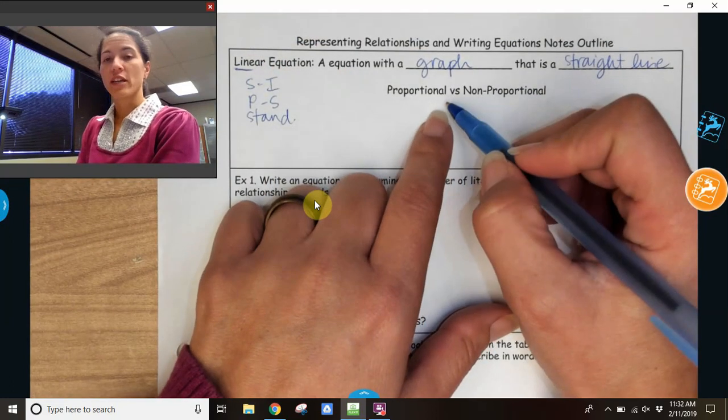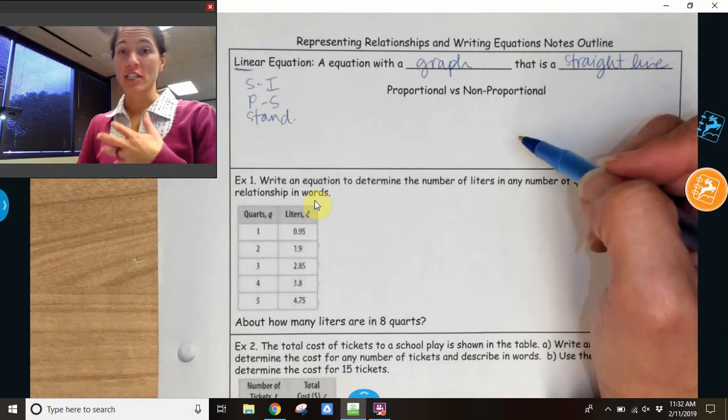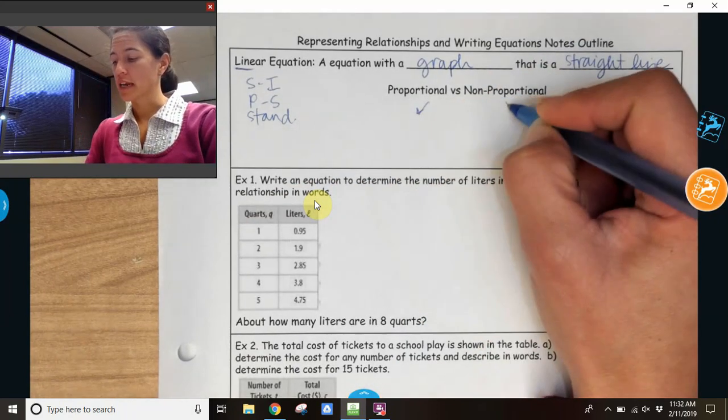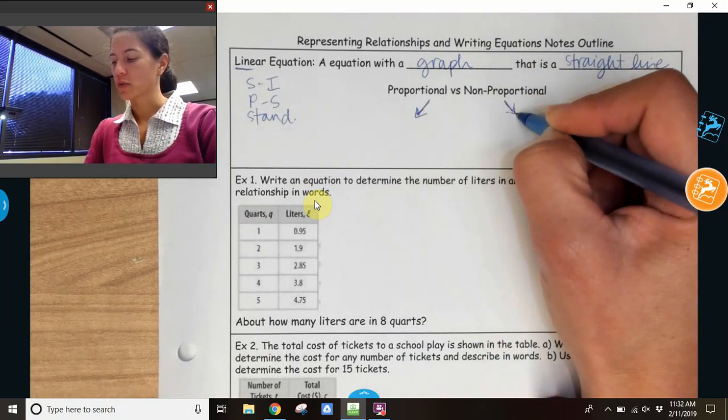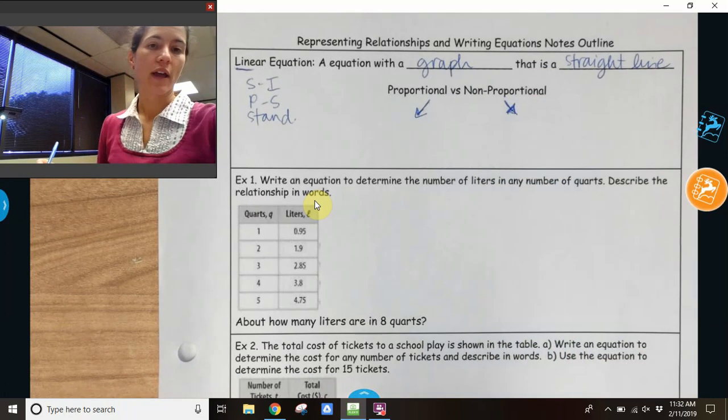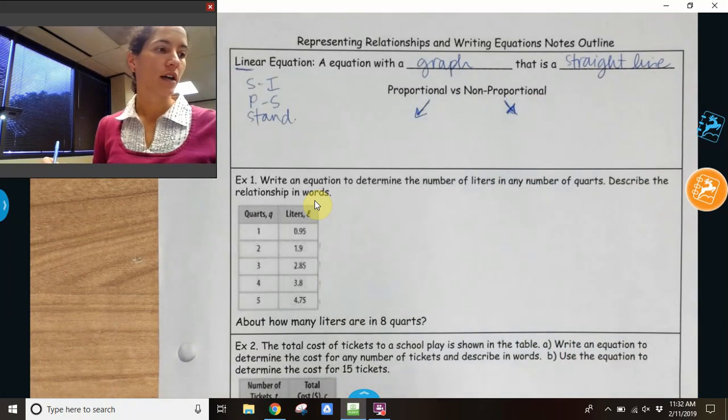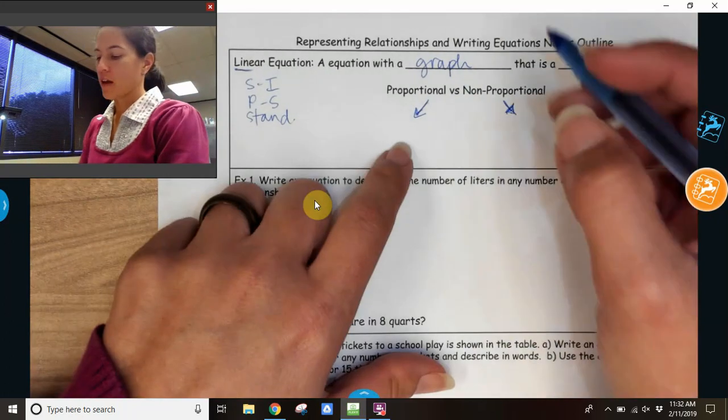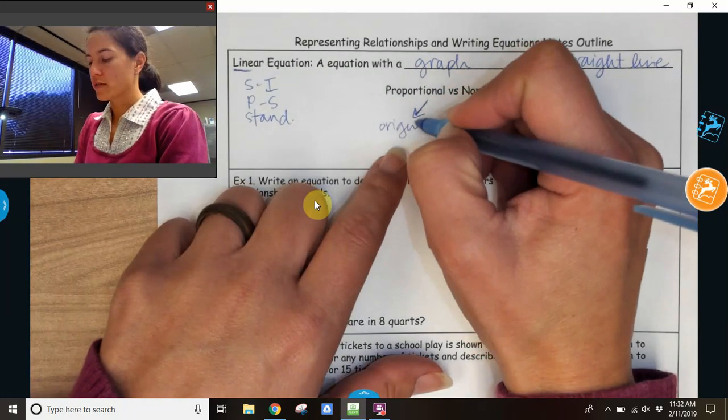And then we've talked briefly about the differences between proportional and non-proportional. So I just want to review that with you. The differences are various, and they could be things like proportional is going to go through the origin.